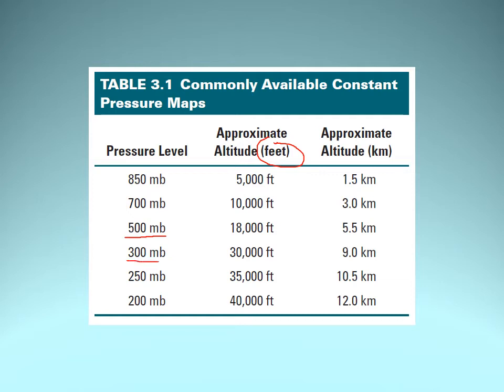And then we use anywhere between 300 and 200 for the top part, the upper level troposphere. So we have these in feet, and then we have kilometers over here, but when we're plotting these heights for a constant pressure level, we usually plot them in meters.